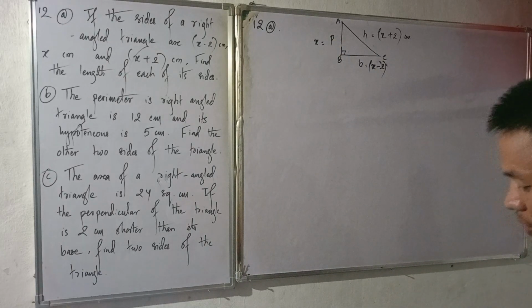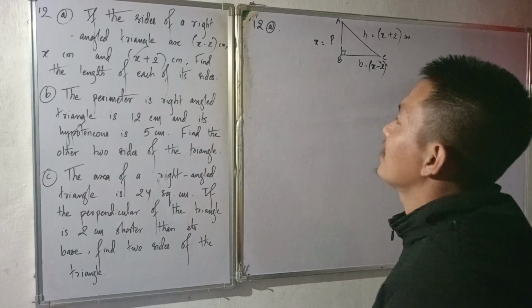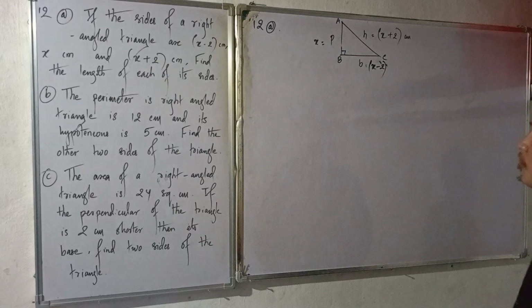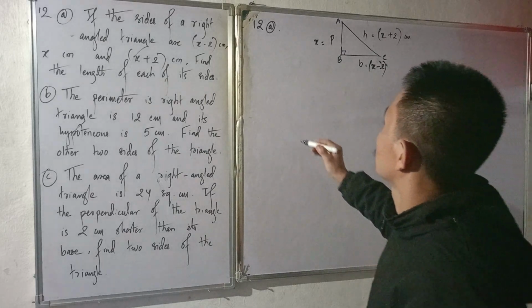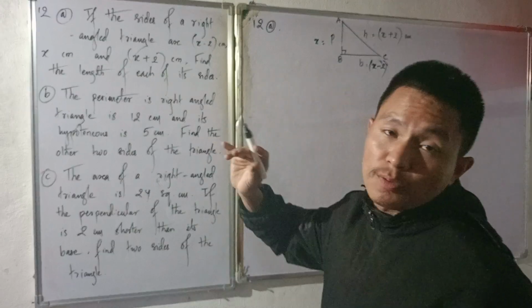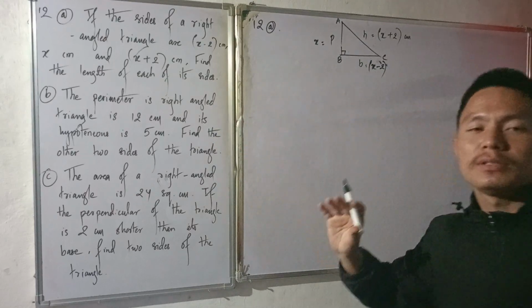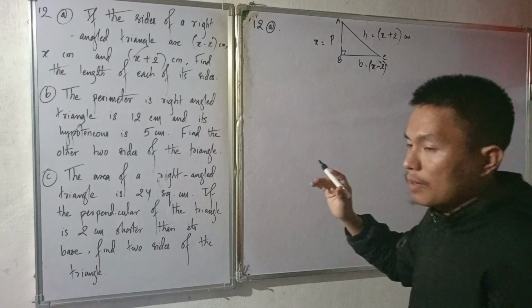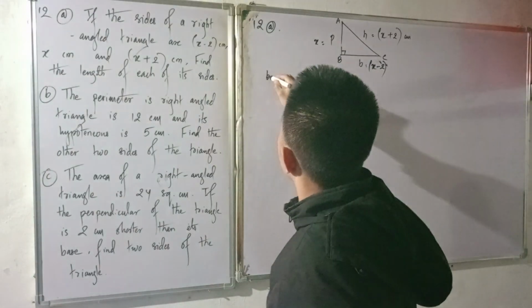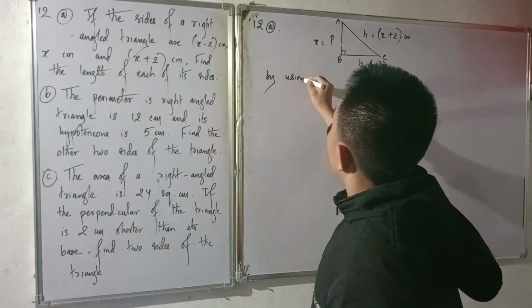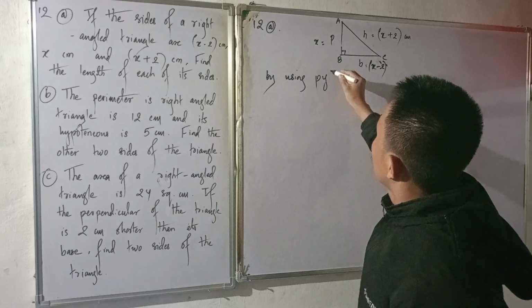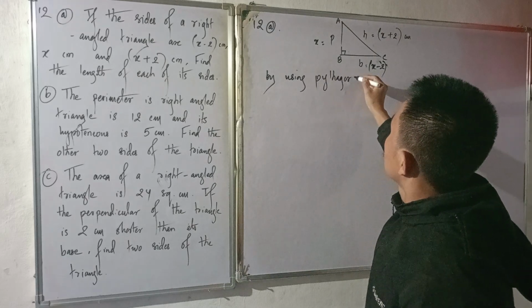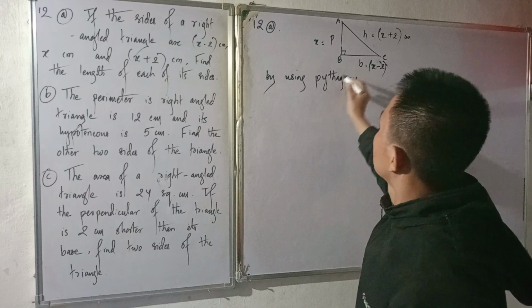After supposing that, find the length of each side. So in a right angle triangle, only in a right angle triangle, this theorem is applicable: Pythagoras theorem.